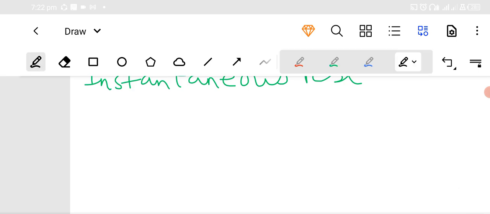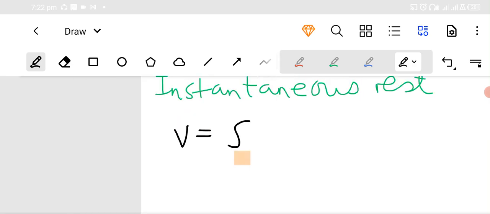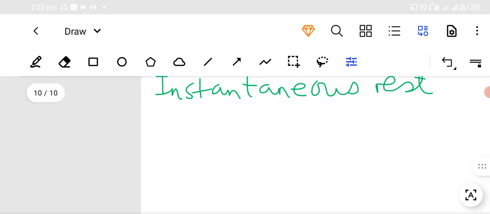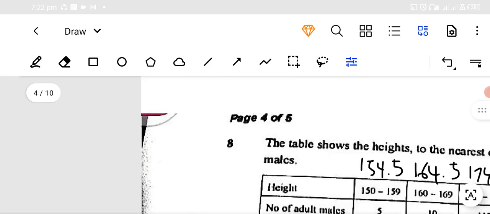Velocity is equal to the integral from 0 to 2 seconds. Sorry, we are trying to find the distance of Q. Is it a distance? Let's try to confirm.